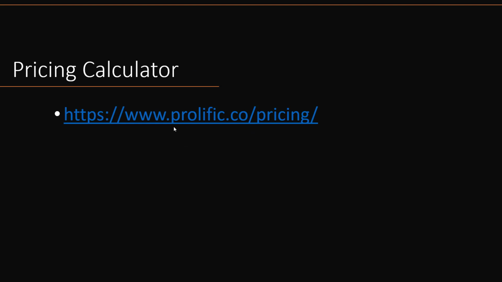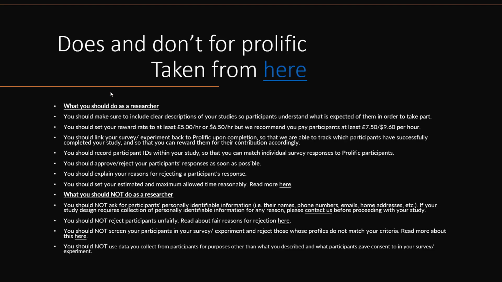So here's a pricing calculator, which I'll show you as part of setting up your experiment anyway, and the same with the screening tool. Okay, they produce some do's and don'ts, and one of the key things about Prolific Academic is they consider themselves to be an ethical service, whereas Amazon maybe not so much.